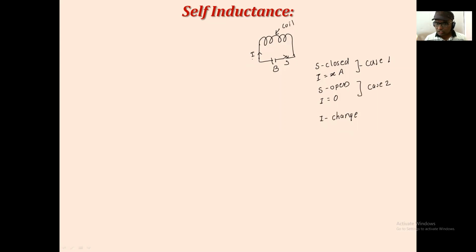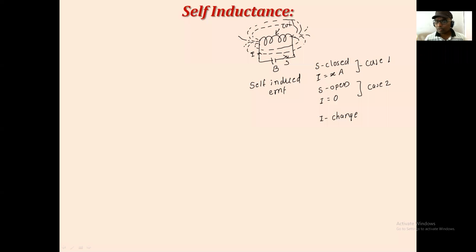And due to the change in this current, a change in magnetic field is produced around the length of that conductor or the coil here. This is the shape of that magnetic field. Is it right? Now, when this change in magnetic field links with the same coil, then according to Faraday's law, EMF is induced, and in this case, this induced EMF is called self-induced EMF.